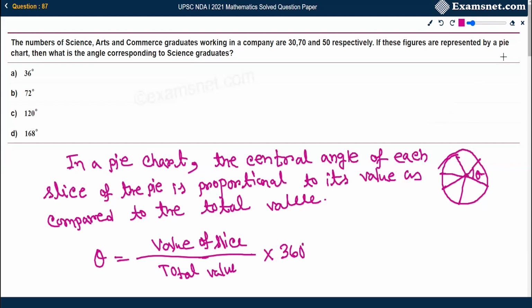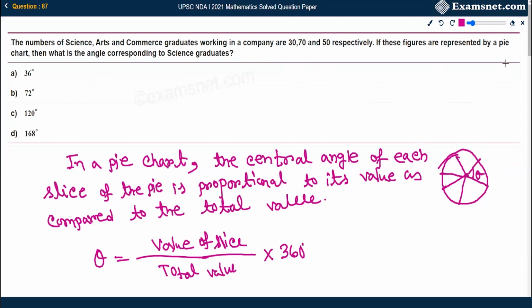Okay, so here the number of science, arts and commerce graduates working in a company are 30, 70, 50. If these figures are represented by a pie chart, then what is the angle corresponding to science graduates? So we need to represent the data, that is 30, in terms of theta, in terms of angle.